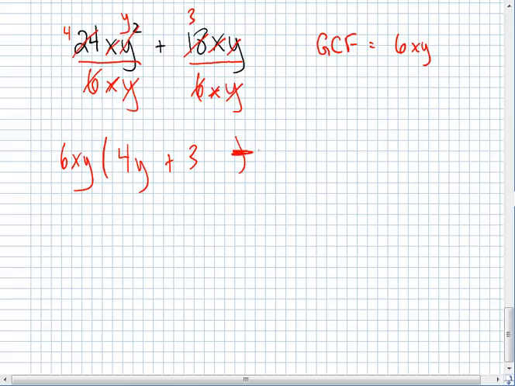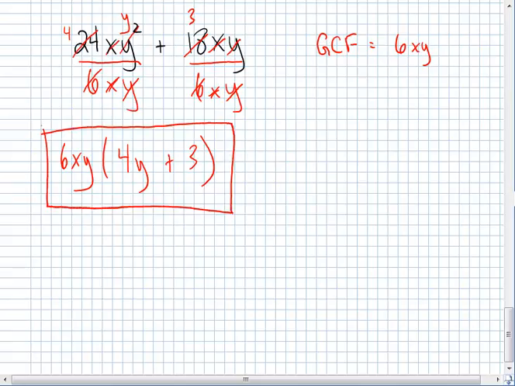That's it. I'm done. And so my factored form is right there. Okay, 6xy times 4y plus 3. And if you do the distributive law and multiply those things there like that, you'd get back to the original question that I had. Okay, so this is where finding the GCF comes into play, is finding the GCF of a bunch of terms and then dividing them out to factor something.